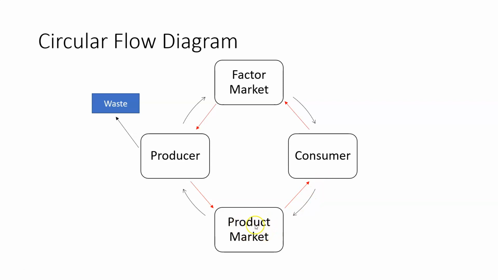In order for Walmart to keep getting more pens, they have to pay BIC. They have to pay the producer. The producer, in order to keep producing, has to buy the inputs into production. So they have to pay the factor market, who in turn pays the consumer. So this clockwise flow here represents the flow of money.